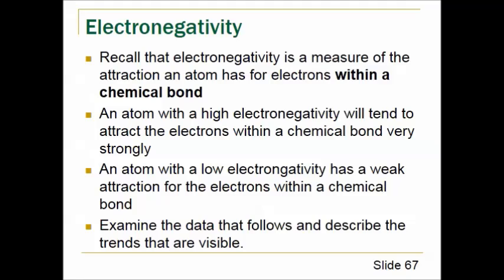So if you have a high electronegativity, the atom will attract the electrons very strongly within the bond. A low electronegativity, it attracts very weakly the electrons within a bond. Okay, now there's a data table in your booklet, but we'll see one here as well.